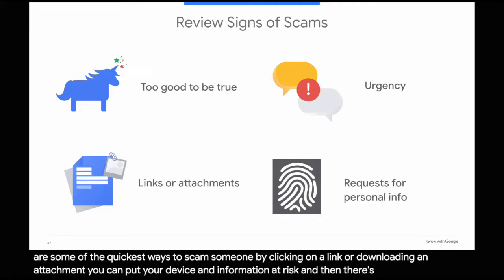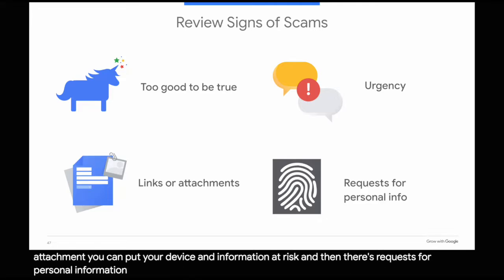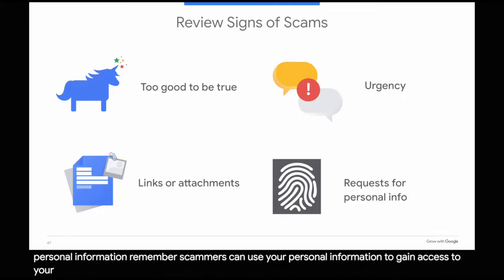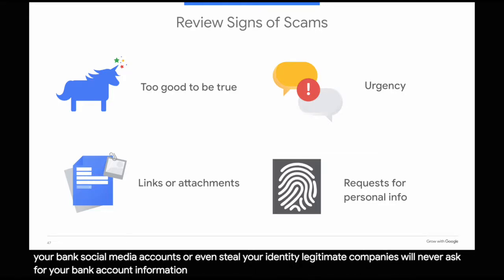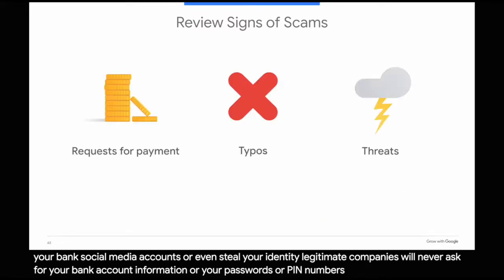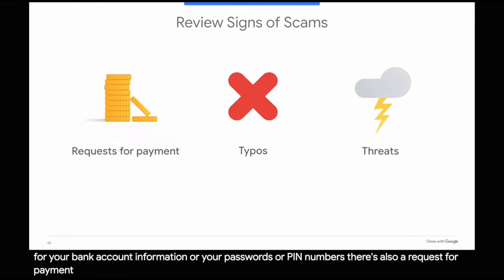And then there's requests for personal information. Remember, scammers can use your personal information to gain access to your bank, social media accounts, or even steal your identity. Legitimate companies will never ask for your bank account information or your passwords or PIN numbers. There's also a request for payment. It's one of the clearest signs a scam is underway.